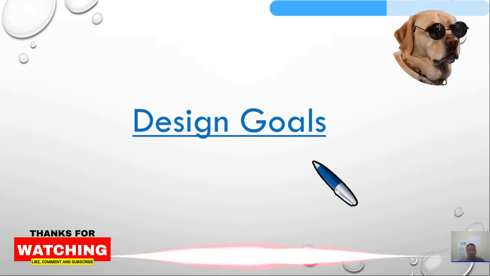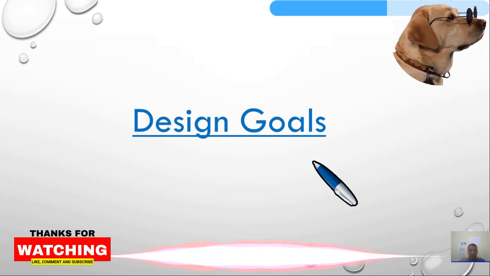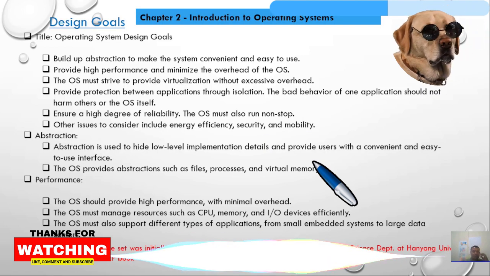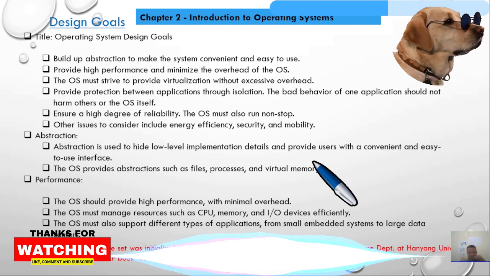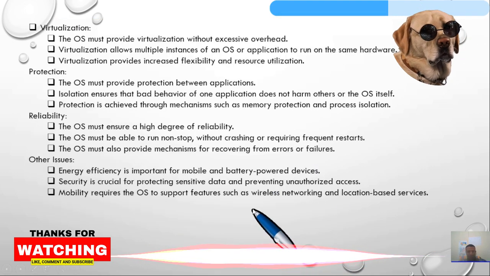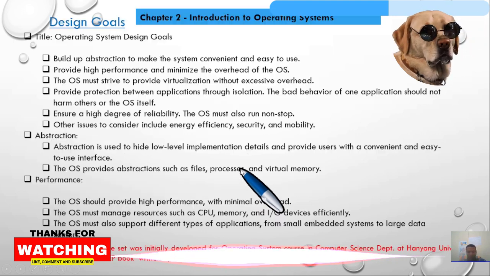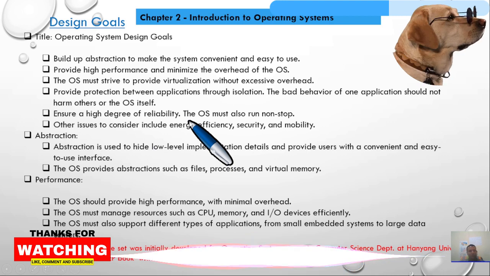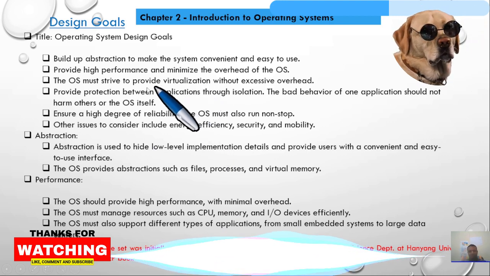So we reach here. Now the final is design goals. Let's go through and see what the design goals are. When we design an operating system, what is the design goal? Operating system design goals.